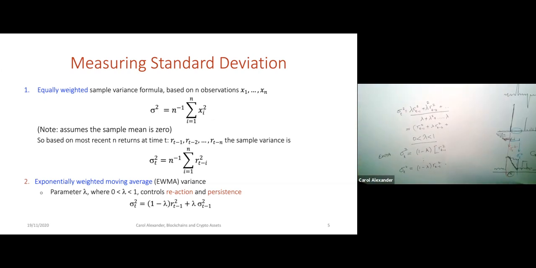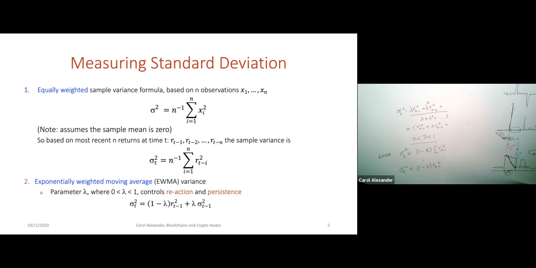And this lambda, which is called the smoothing constant, it controls two things. It controls, first of all, if lambda is high, then 1 minus lambda is low. Say lambda is 0.5, because that's actually a very low value for lambda. Then if lambda is 0.5, there's not very much persistence, but there's more reaction, because the squared return will have a bigger effect than, say, when lambda is 0.9.